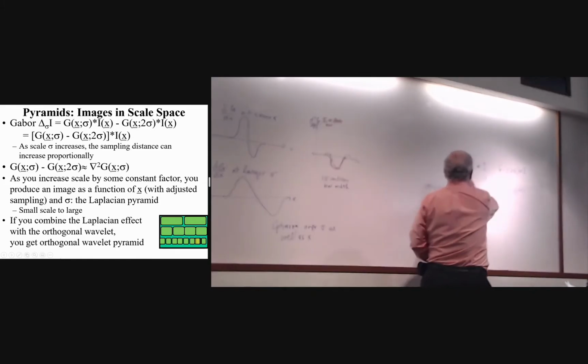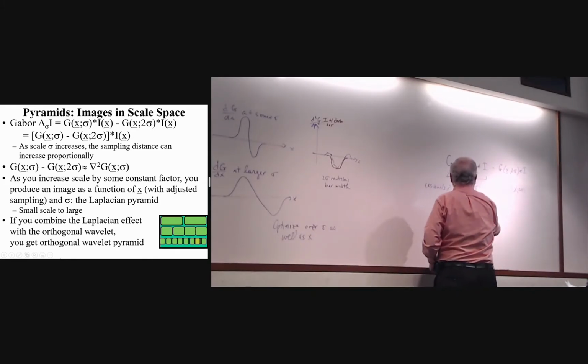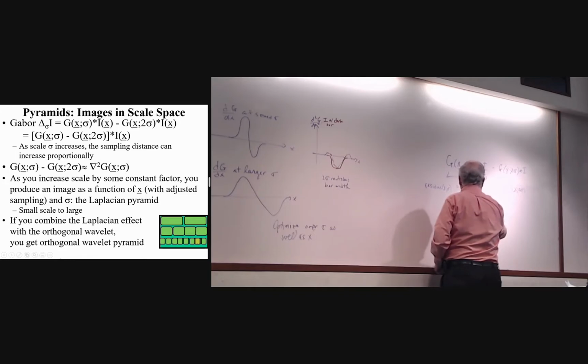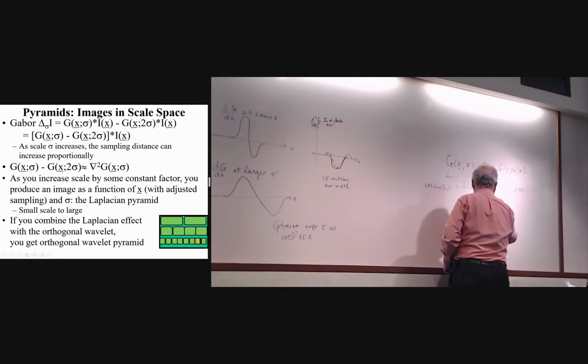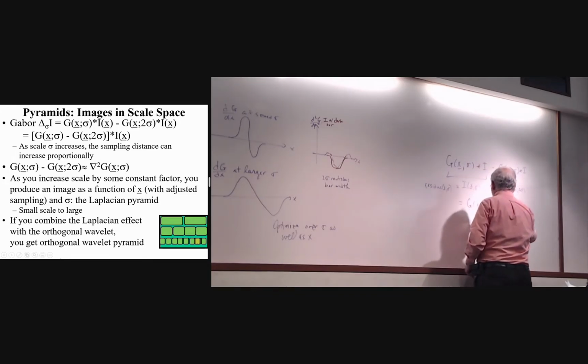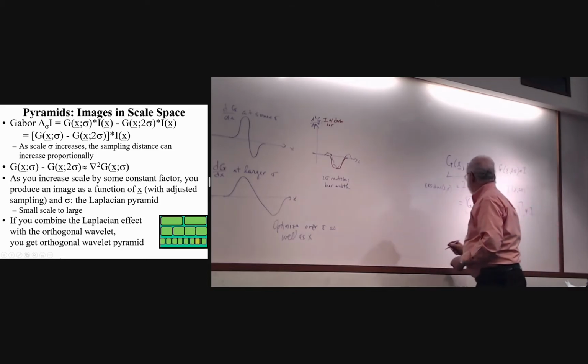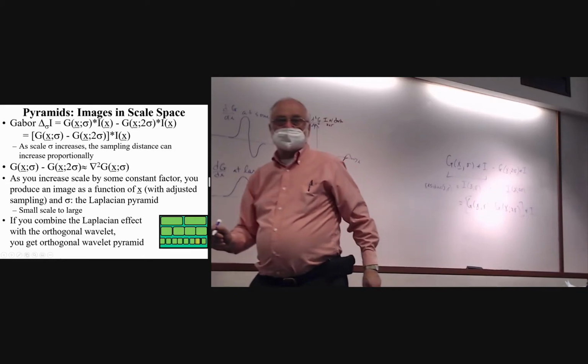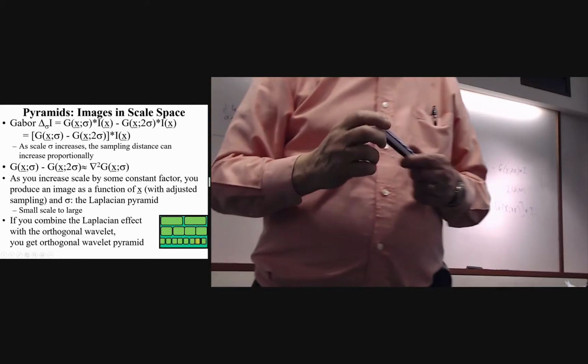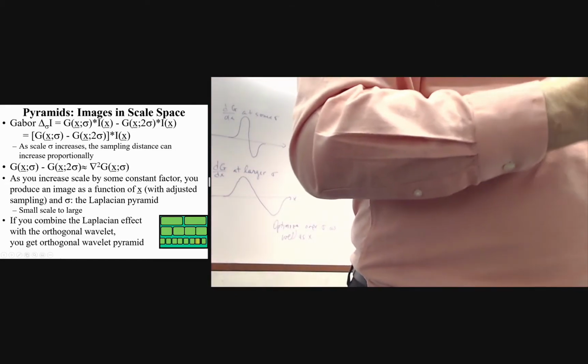But because of the linearity of convolution, that's just the difference between the Gaussians at 2 different scales.